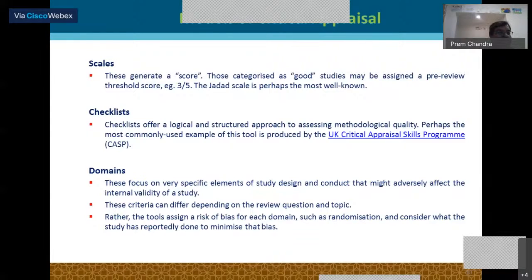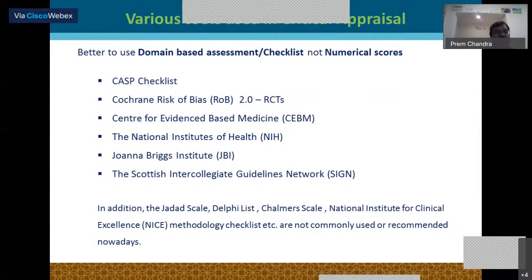So there are differences between the three models: scale, domains, and checklist. Checklist we'll discuss in detail. Okay, so as I said before, there are various tools: checklist, domains, and of course scores, scales.